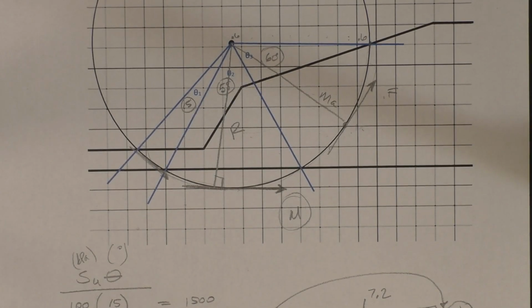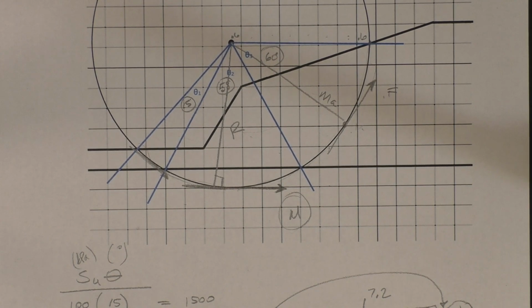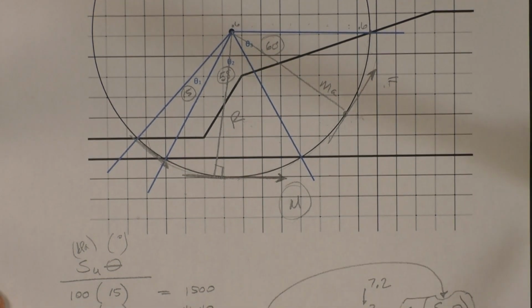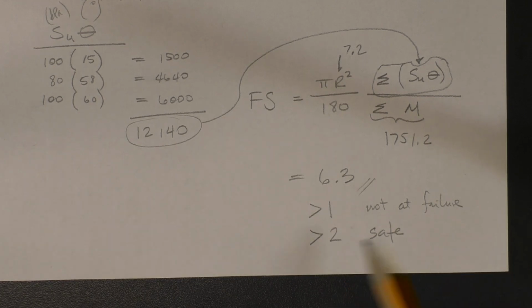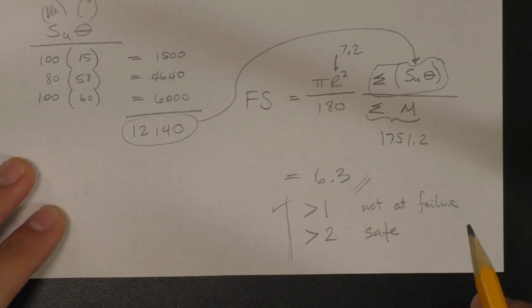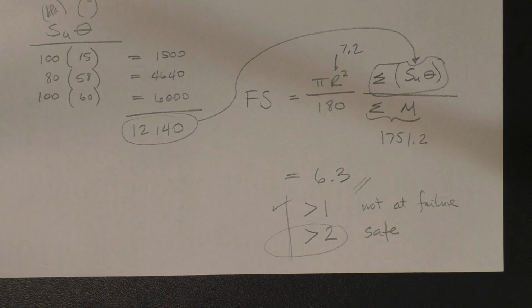And then tell me which one has the smallest factor of safety, and I will call that the critical one. If that factor of safety is more than 1, then the slope is not at failure, that's good. And if the critical factor of safety is larger than 2, then we say that that's a safe slope. I mean, this is totally true. This is just a reasonable approximation of what we do in the field.